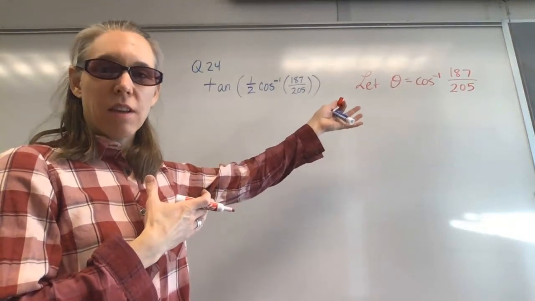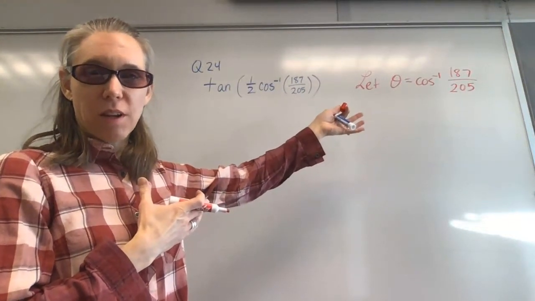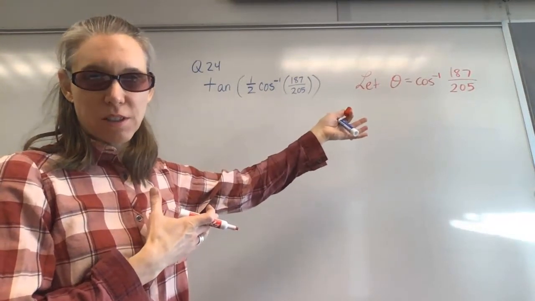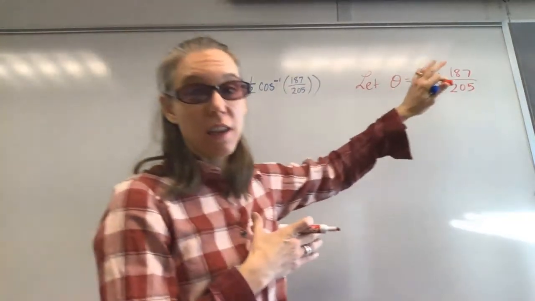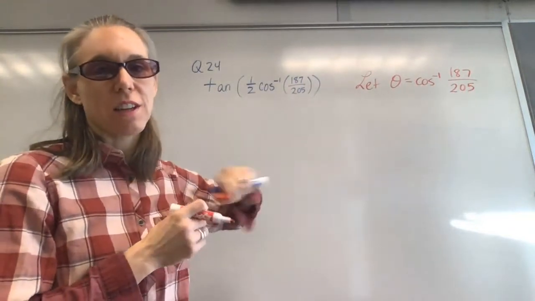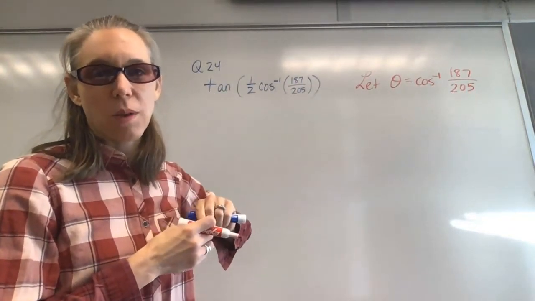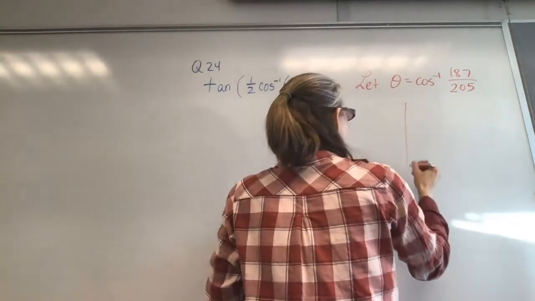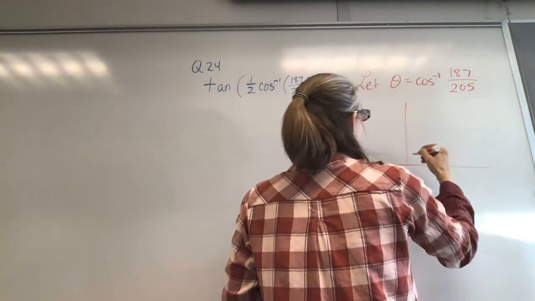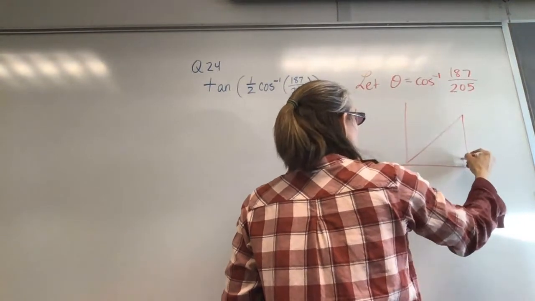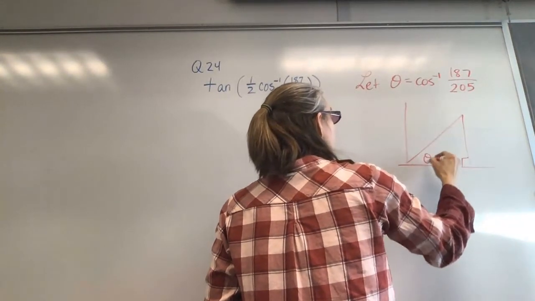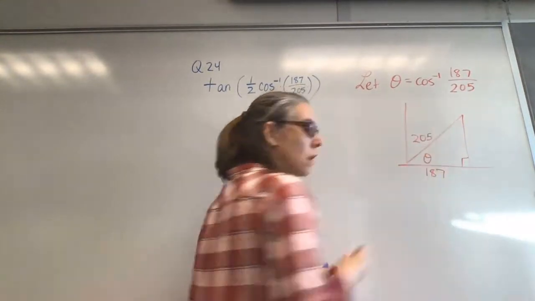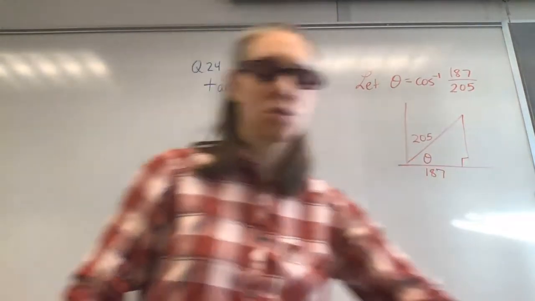Here we have a triangle that would have to be in the first quadrant because cosine is only in the first and the second quadrant. That is, cosine inverse is only in the first and second quadrant. And here we have a positive value. Now this may be a Pythagorean triple.